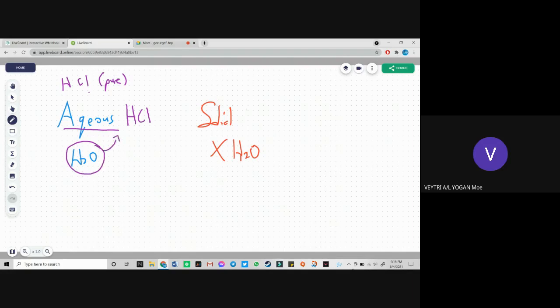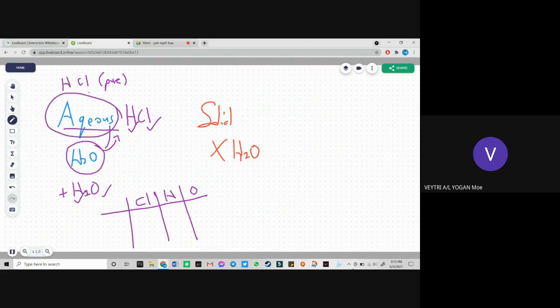Maksudnya dalam calculation empirical formula, you have to add H2O. So, your table akan jadi Cl. Okay? H. Ni pun ada, ni pun ada. Oxygen. Nah, it's not only HCl tau. Ada oxygen juga. Kenapa? Dia tambah aqueous. Aqueous maksudnya tambah water.